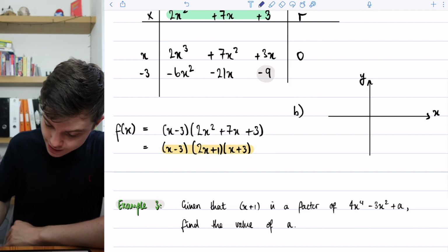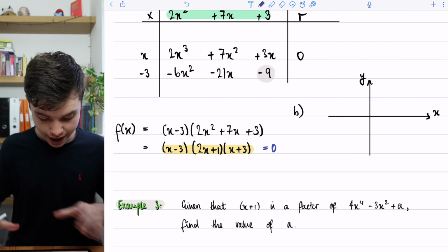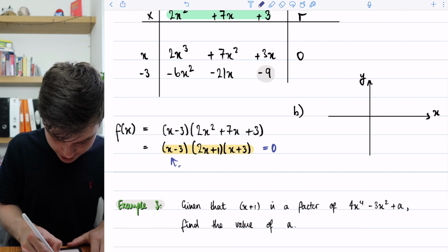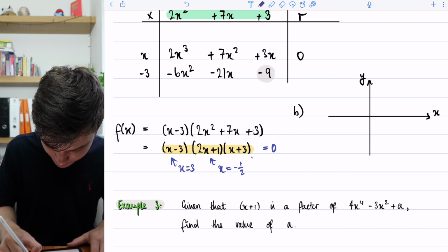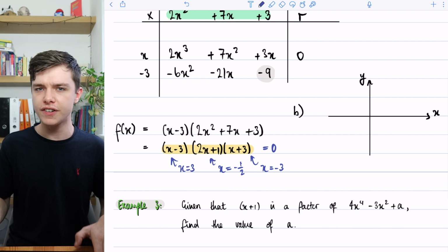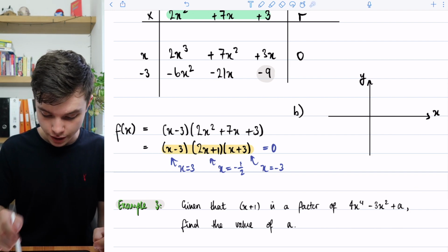So if we set it equal to 0, we will then find the roots. And if we set each bracket equal to 0, this will give me x is equal to 3. This will give me x is equal to minus a half, and that will give me x is equal to minus 3. So hopefully you're okay with finding roots of cubics at the minute, okay?